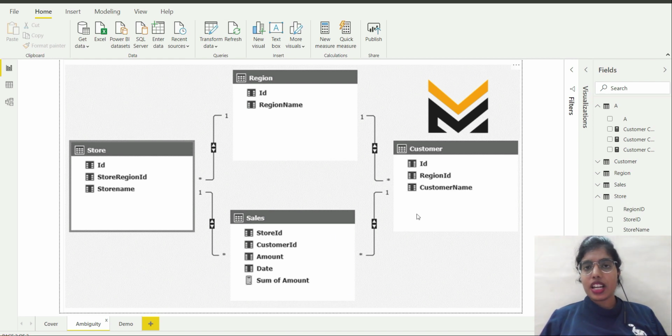Customer is on the one side and sales is on the many side, since one customer might have many transactions. He or she has bought multiple items. All the relationships are currently set to bidirectional, or you can say the cross filter direction is set to both, so any table can filter the other table.